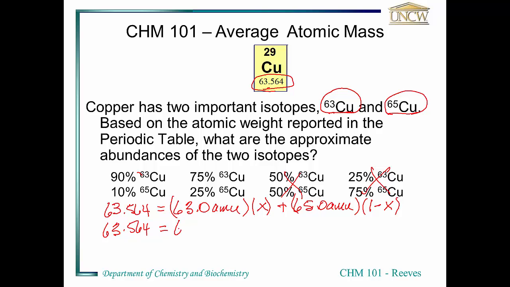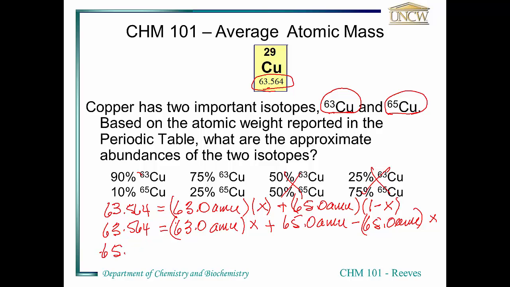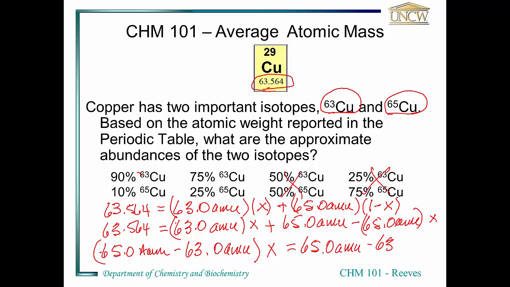63.564 is going to be 63.0 AMU times X plus 65.0 AMU minus 65.0 AMU times X. Now, if we combine terms, 65.0 AMU minus 63.0 AMU times X equals 65.0 minus 63.564.